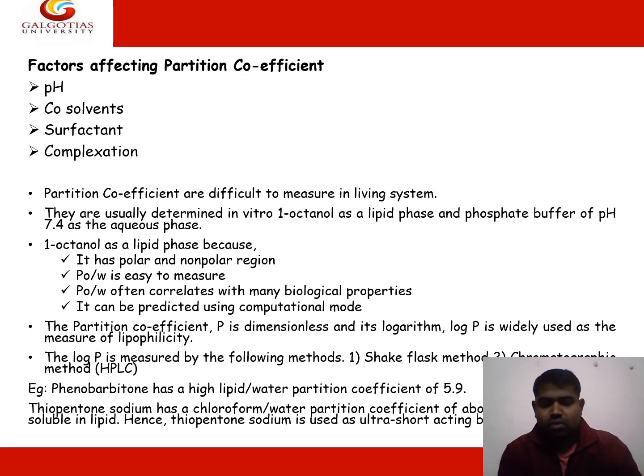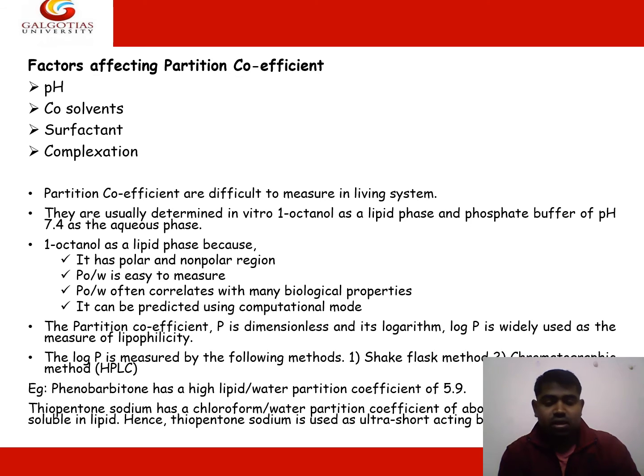Octanol-water values often correlate with many biological properties and can be easily predicted using computational models. Because of this easiness, the octanol and water ratio is always used to measure any compound's partition coefficient. The partition coefficient P is dimensionless, and its logarithm, log P, is widely used as a measure of lipophilicity.